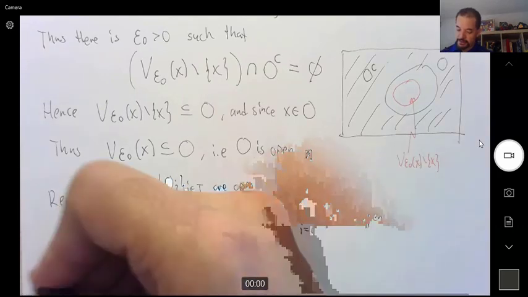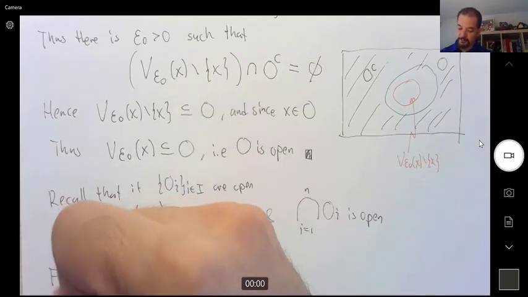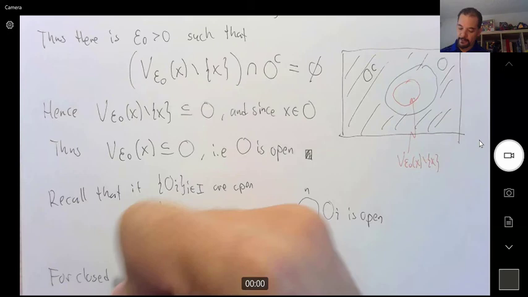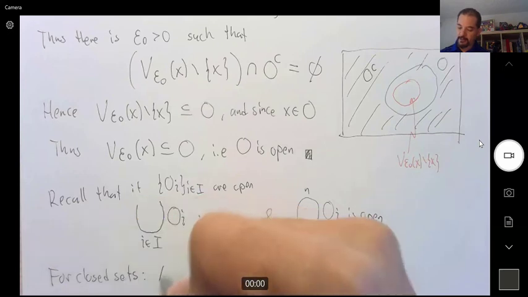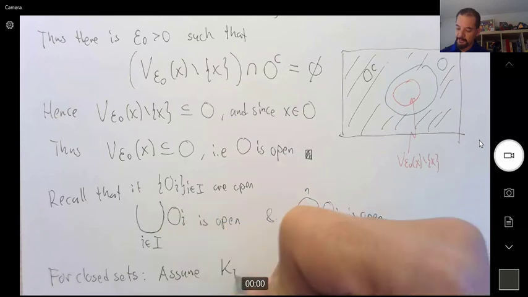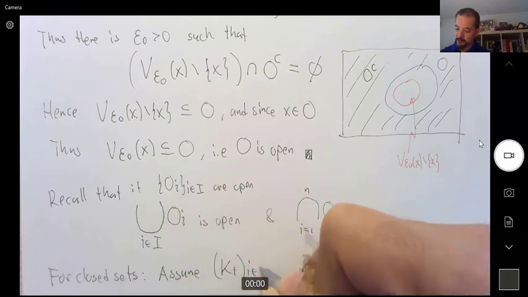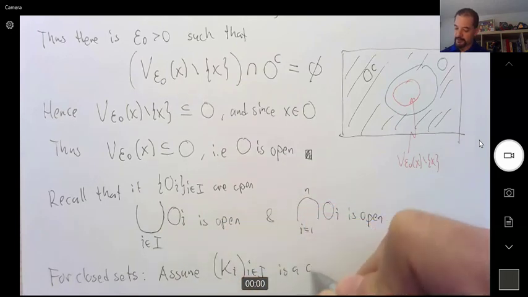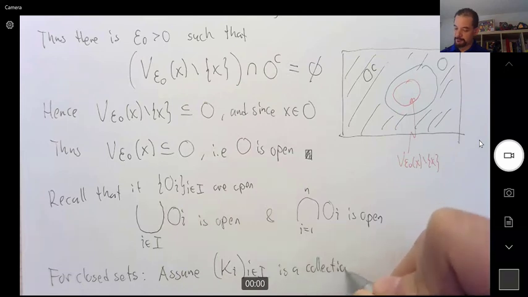So the corresponding statement for closed sets works as follows. Assume K_i are closed, a collection of closed sets.